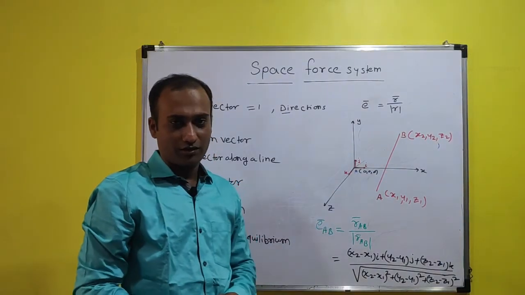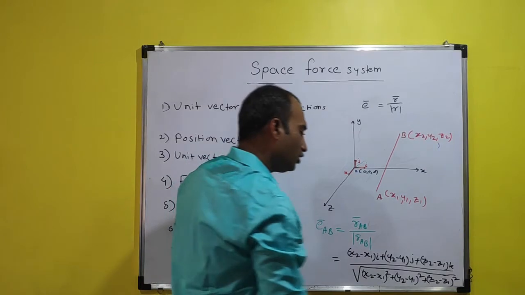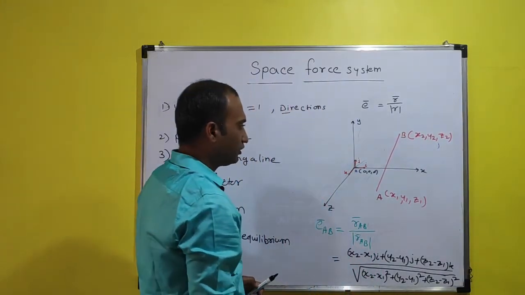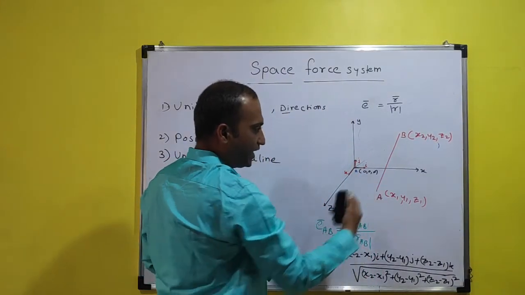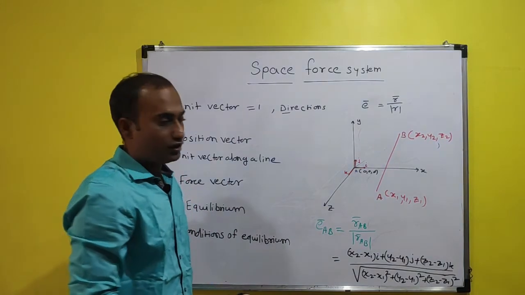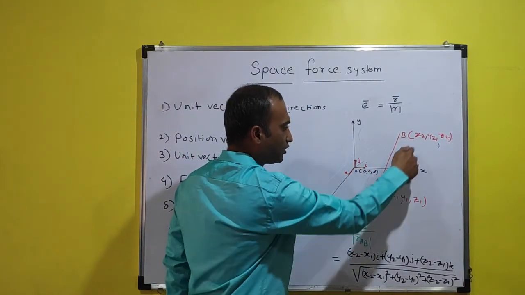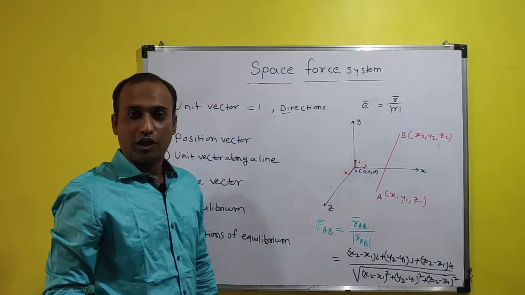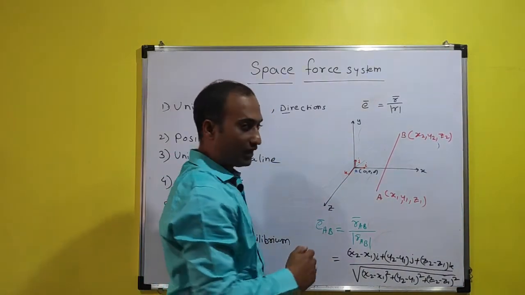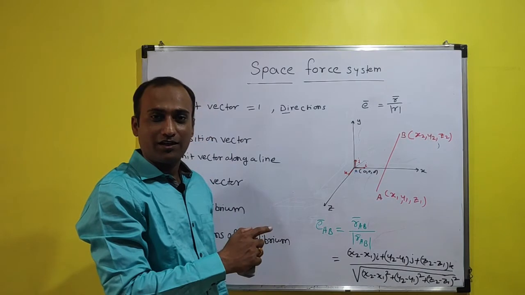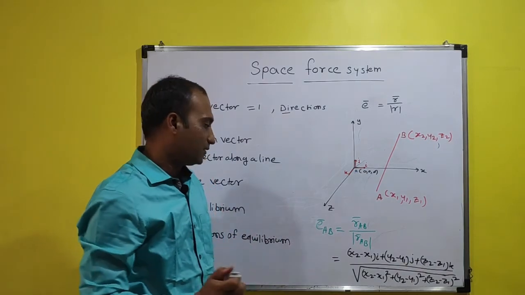And if suppose you want to calculate the unit vector of BA, then what will be the case? This will be your first point, this will be your second point. So second minus first coordinate, according to that you have to calculate the unit vector. You can pause and try, and then verify this.